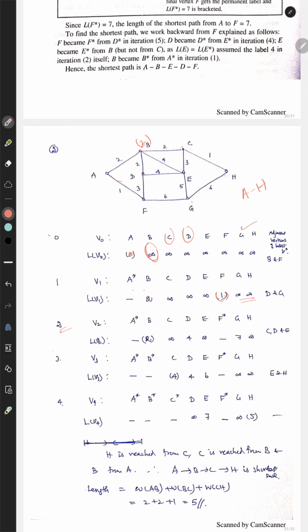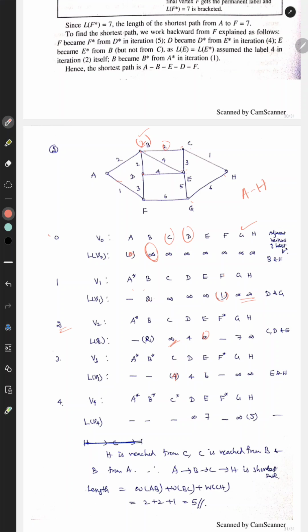Now what are the edge weights to the remaining vertices? B to C, it is 2, so 2 plus the permanent label 2, that is 4. That 4 is less than the previous label infinity, so you can replace. Now B to E, it is 4 plus 2, 6, the previous label is infinity, so you can replace that also.